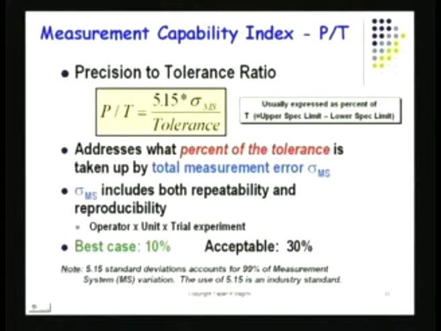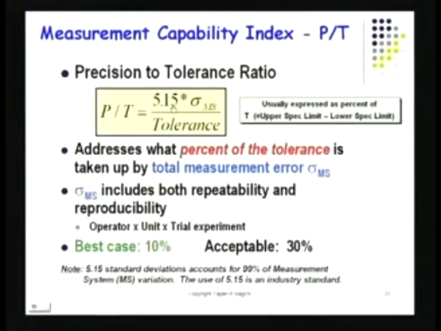The sigma of the measurement system multiplied by 5.15 captures a pretty large span, almost 90-95% or perhaps even more of the variance in the measurement system. That is totally captured if you do 5.15 multiplied by sigma MS, where MS is the measurement system. So that gives you an idea of the variance introduced by the measurement system itself.